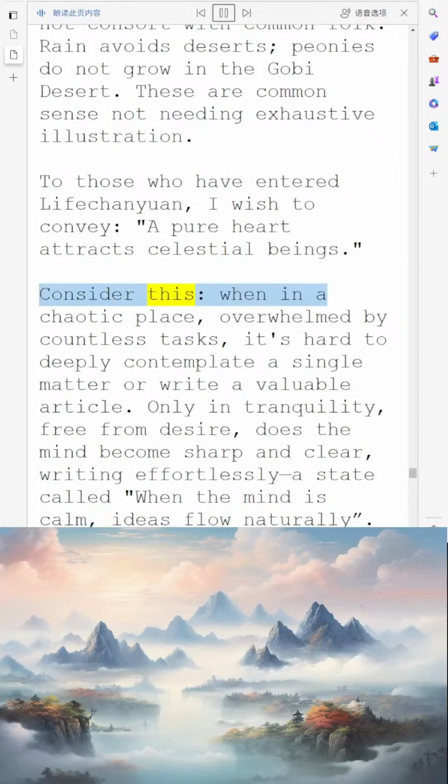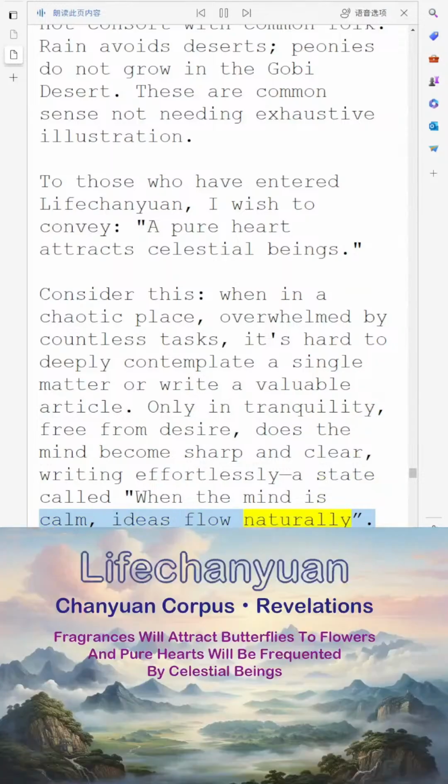Consider this. When in a chaotic place, overwhelmed by countless tasks, it's hard to deeply contemplate a single matter or write a valuable article. Only in tranquility, free from desire, does the mind become sharp and clear, writing effortlessly, a state called, when the mind is calm, ideas flow naturally.